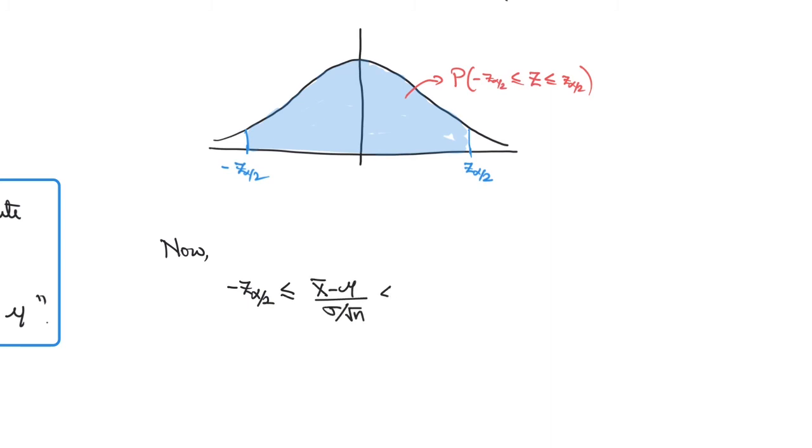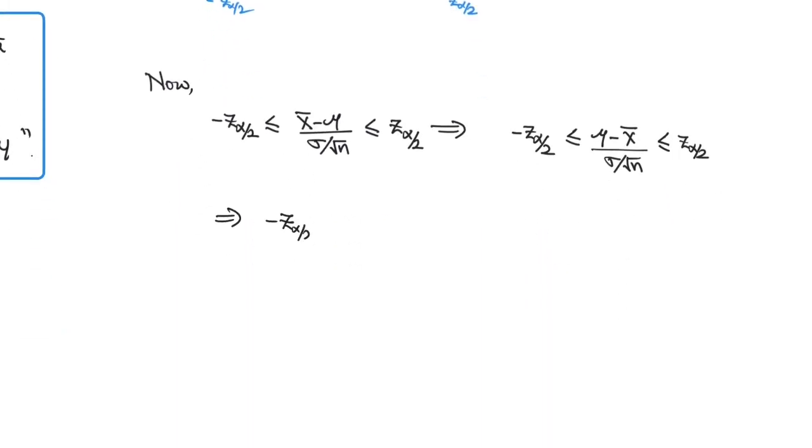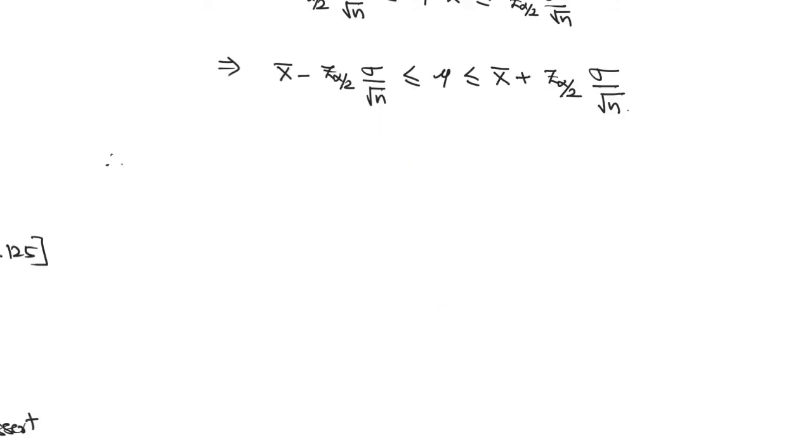Noticing that mu minus x bar over sigma over square root of n will have to lie between negative z alpha over 2 and positive z alpha over 2. And following through with this calculation gives us that mu will lie between x bar minus z alpha over 2 times sigma over square root of n and x bar plus z alpha over 2 times sigma over square root of n.